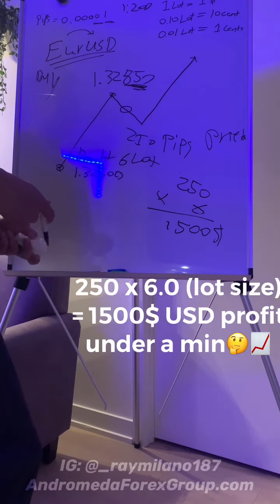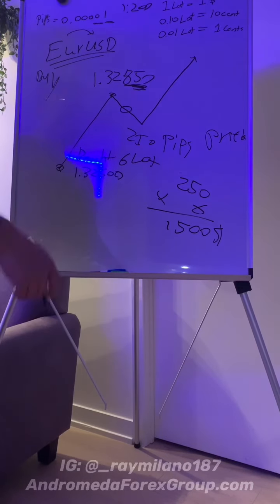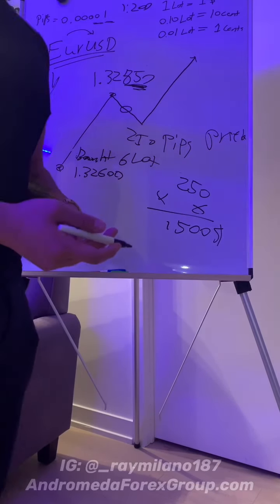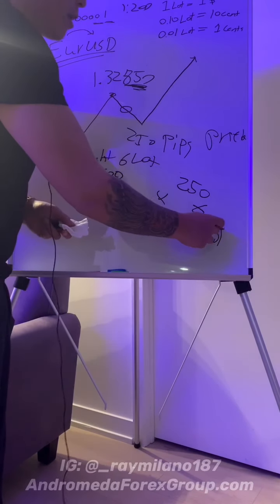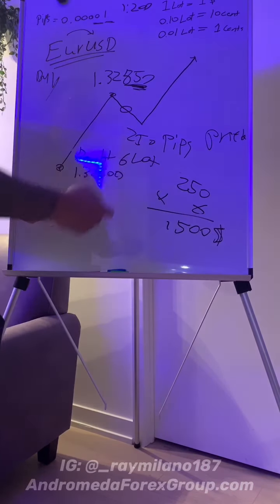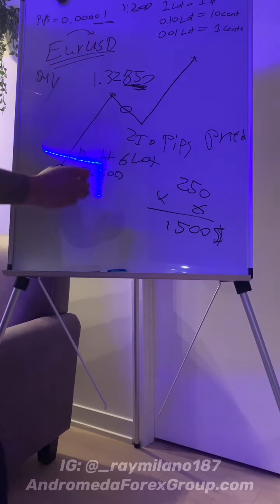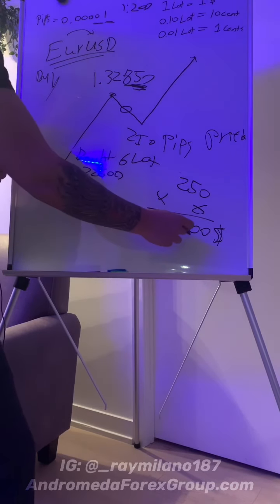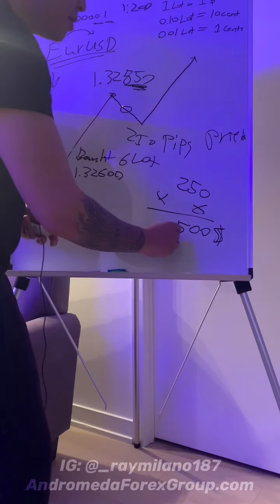There are a lot of factors that come into play, which we teach you in our educational service, but this is just for you guys to get a general understanding of how you can make profit on Forex. So there you go, guys. Based on $3,000 capital, you invested 6 lot size, and you ended up profiting $1,500 US, which is approximately $1,900 Canadian.